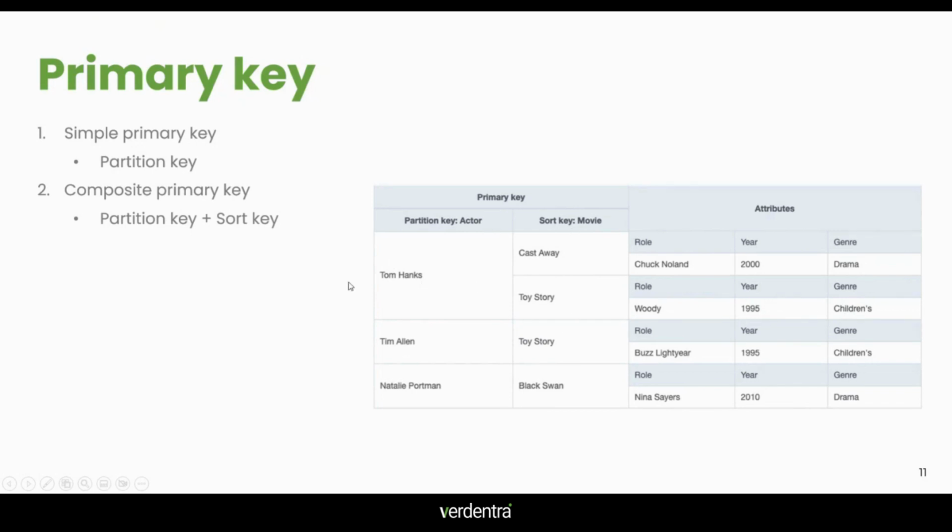If you want to get just the movies that Tom Hanks was in, you can use this way. This provides more flexibility. This is a very simple example, but as we go forward, you'll see the advantages of having a composite primary key, and it's always the recommended way of doing things.